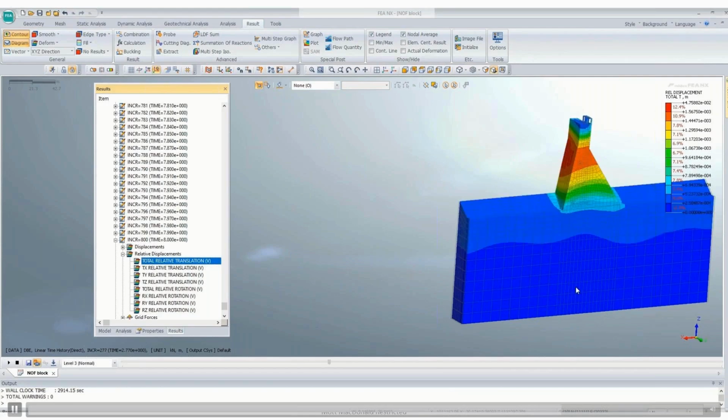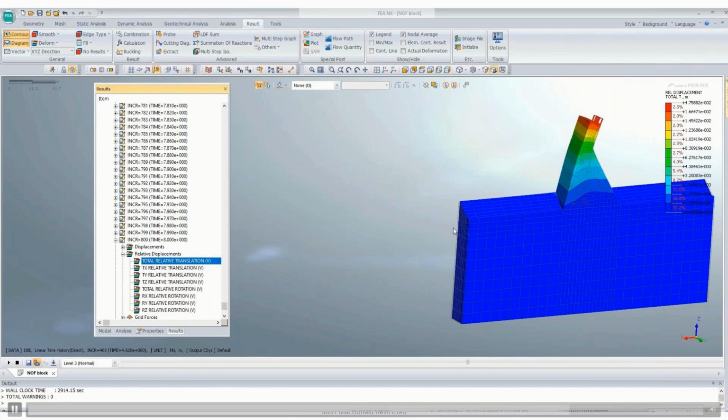Whatever we have modeled should provide the desirable response. Okay, it's about 3.5 seconds. It is deflecting more now, as per the acceleration of the ground motion.